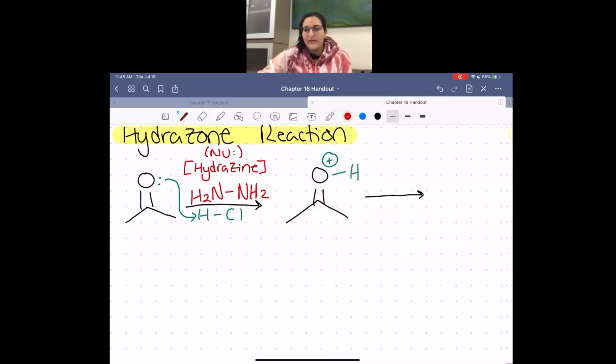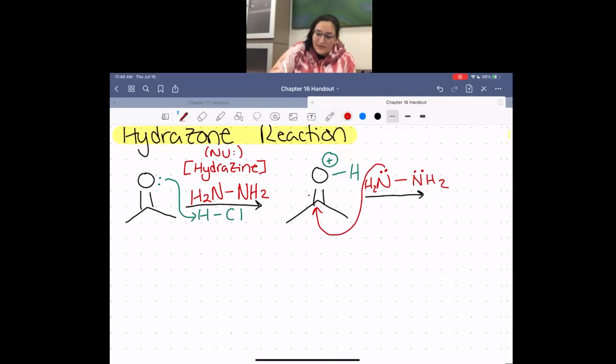So our nucleophile is the nitrogen. In this example, does it matter which nitrogen we use? No, because they're exactly the same. So the nitrogen is going to attack.